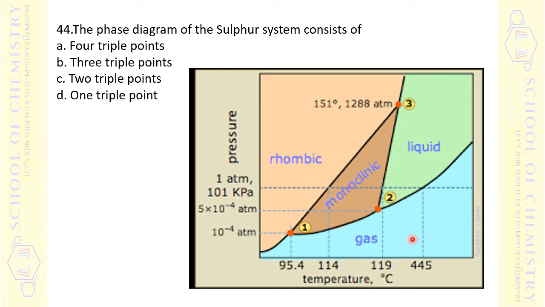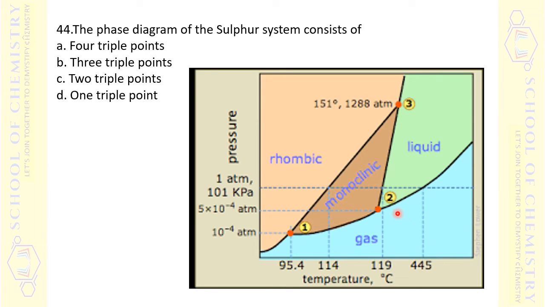So now the question is, how many triple points are occurring in this? A triple point is a point at which all three different phases of the same element exist simultaneously. Here you can see the first triple point where the gaseous phase, rhombic sulfur phase, and monoclinic phase can coexist. Similarly, at this point monoclinic, liquid as well as gaseous sulfur can coexist, and at this point rhombic sulfur, liquid sulfur, and monoclinic sulfur are coexisting, right?